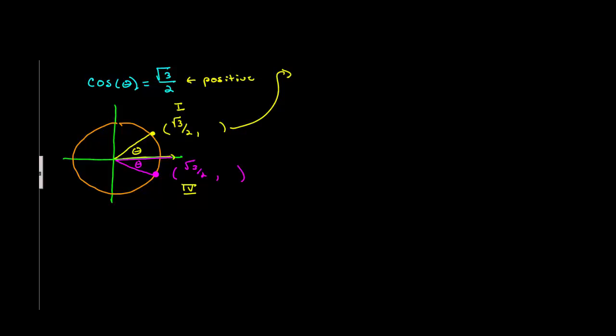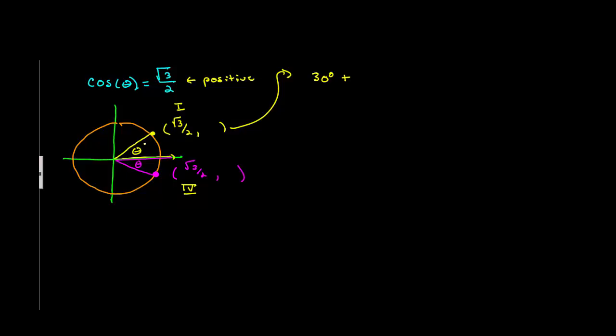We know by looking at our unit circle that the angle corresponding to a cosine value of square root of 3 over 2 is a small angle, and it's 30 degrees. So now what we need to do is add revolutions to that.